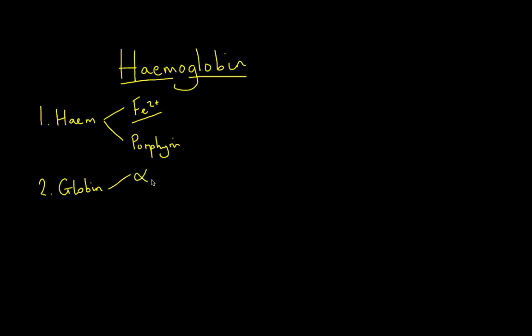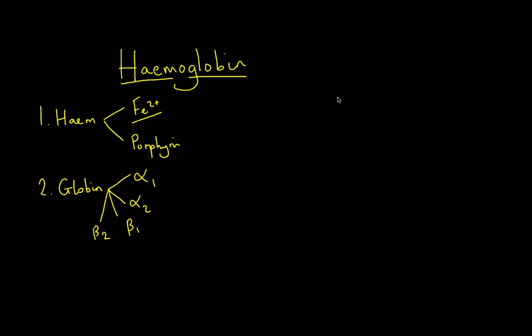You have 2 alpha chains and then 2 beta chains. So now I'll draw the structure of hemoglobin, but just remember it's just a diagrammatic representation of hemoglobin and not exactly what it looks like in terms of its structure.